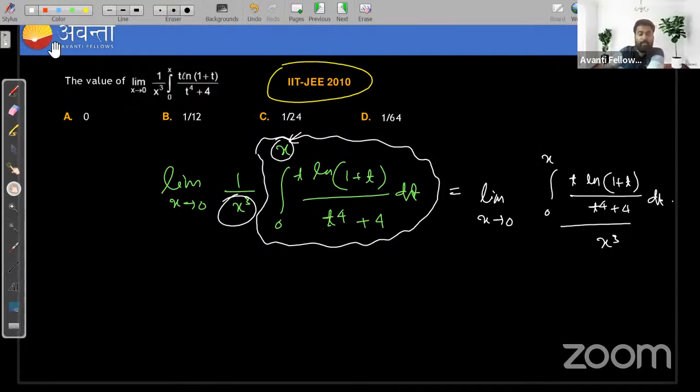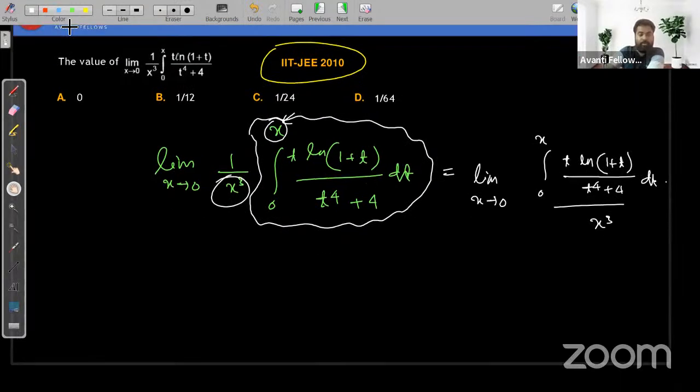Okay, so let's solve this one. Limit x tending to 0, we'll use the Leibniz theorem here on the numerator. What is happening? Let's see. So that is f of h of x. The upper limit is given as x here, so in place of t we need to substitute x.